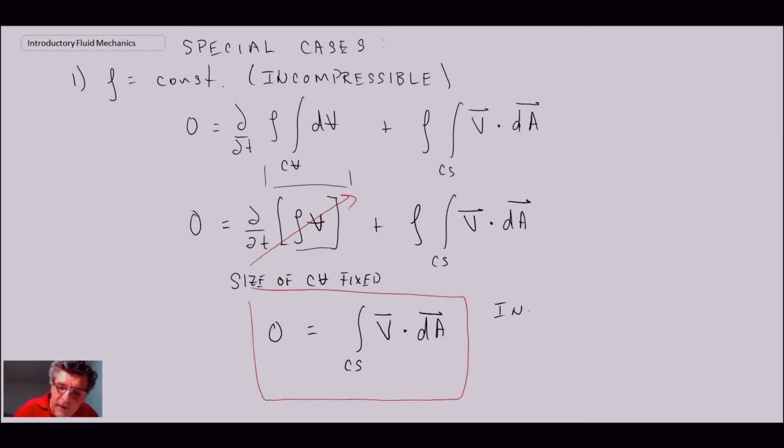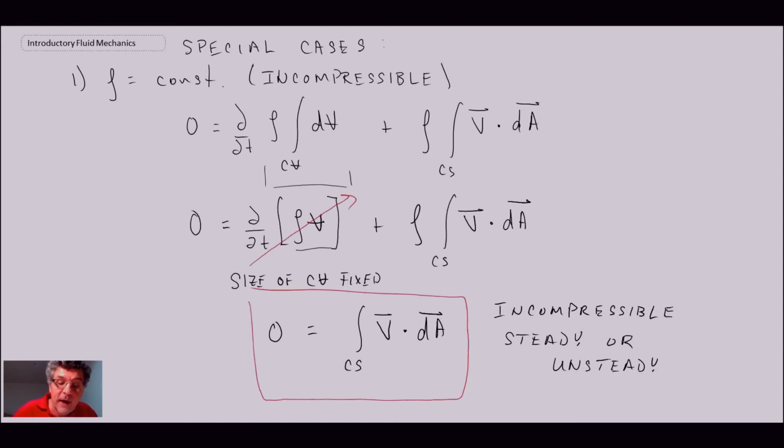This applies if we have incompressible flow, and it could be either steady or unsteady, where the velocity is changing as a function of time, or the conditions are changing. And so that is a special case of the mass conservation equation for incompressible flow.